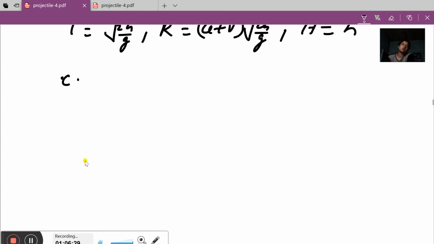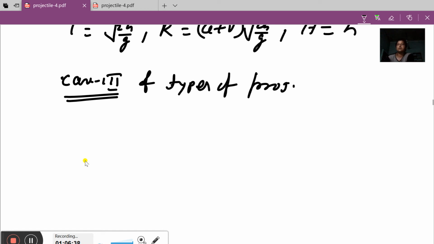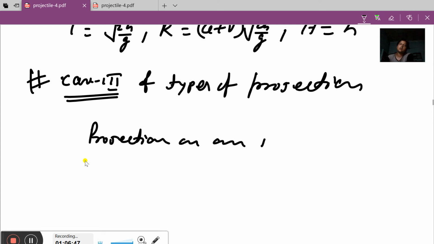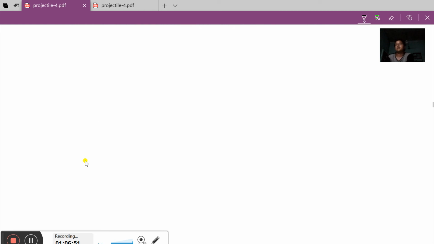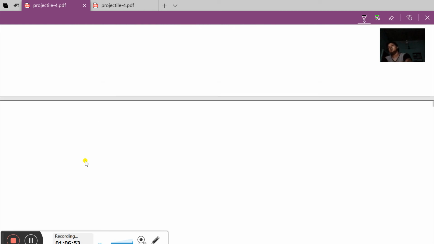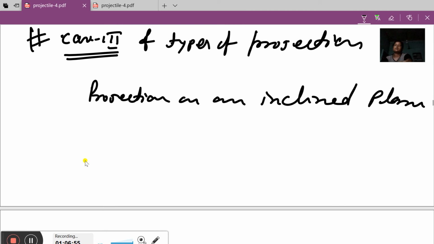Now we are talking about case third of types of projection, that means projection on an inclined plane. There is an inclined plane.